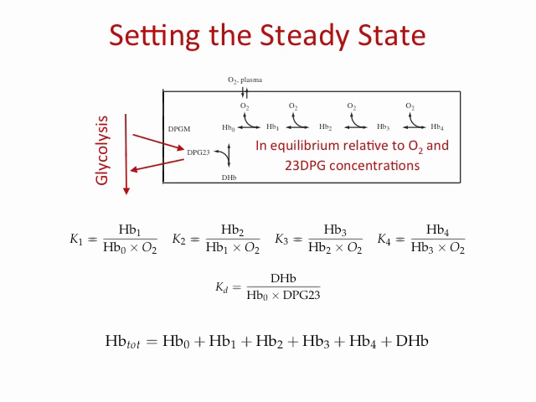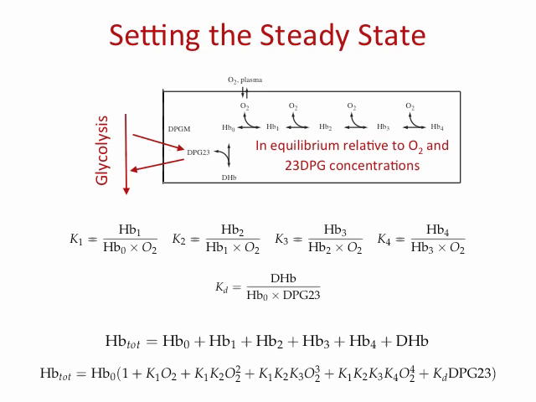This is the total mass balance on hemoglobin and all its states. We have hemoglobin 0 that has nothing on it, and then hemoglobin 1, 2, 3, 4 that carries oxygen, and then deoxyhemoglobin. We know the total. We can substitute in the equilibrium relationships given above into this mass balance to generate the equation at the bottom of this slide.